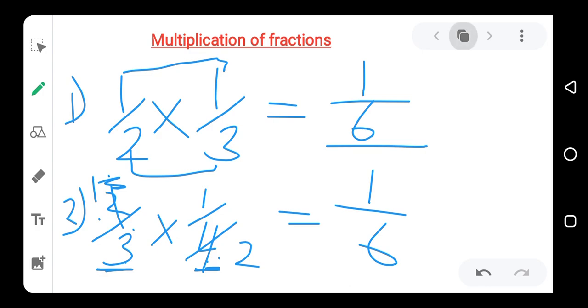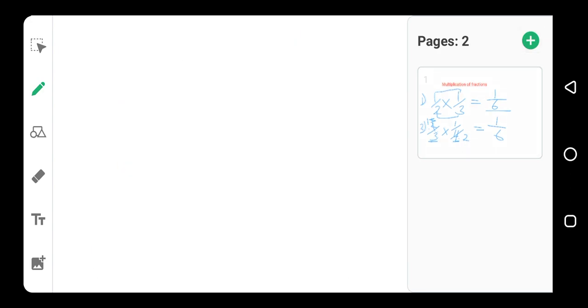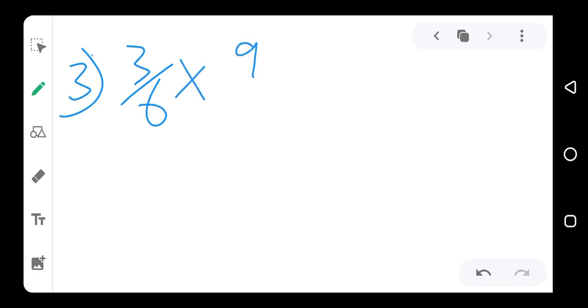Now example 3. If we have 3/6 multiplied by 9/12, how are we going to do this?